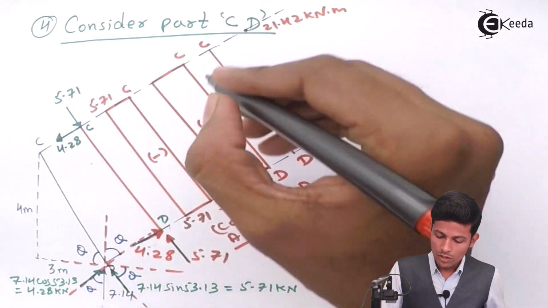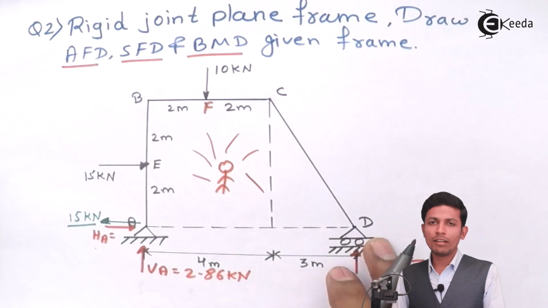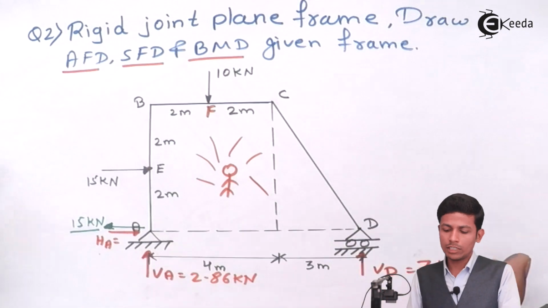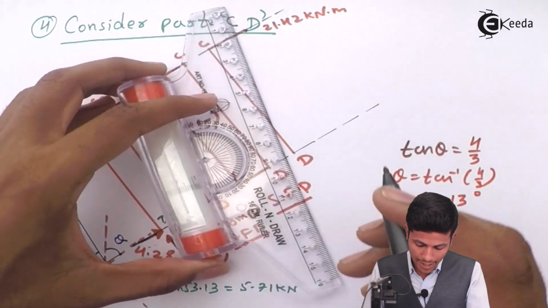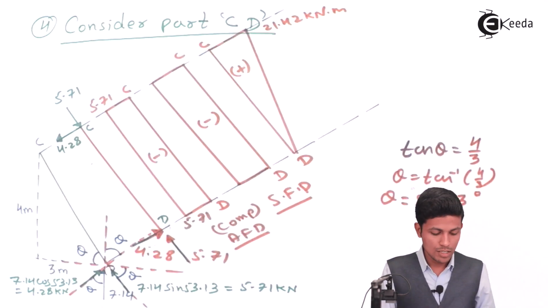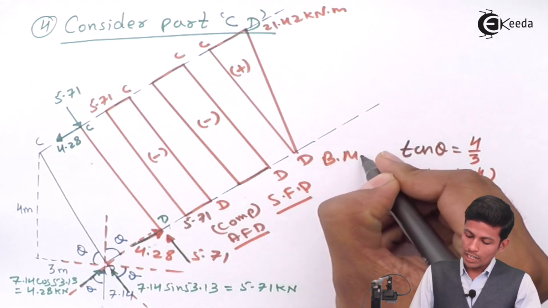Okay. Now what about bending moment at D? Bending moment at D will be 0 because there is no load, you can take this part or this part. We are taking this part, there is no load, so 0. So directly draw the diagram over here. This is nothing but positive. Positive means outside the frame. This is your bending moment diagram.